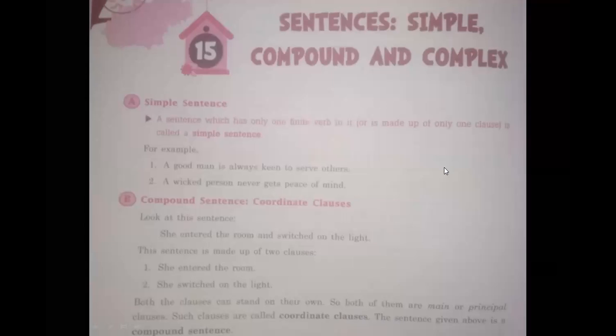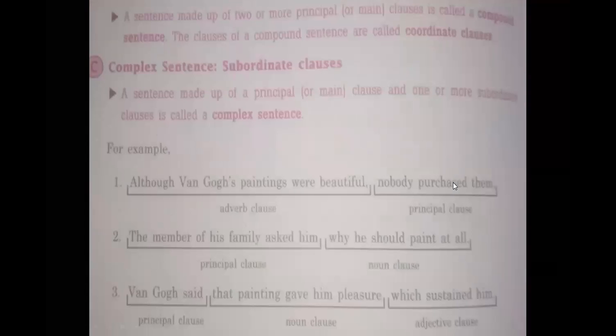The sentence given above is a compound sentence. Now, a sentence made up of two or more principal clauses is called a compound sentence. Now you see, students, the clauses of a compound sentence are called coordinate clauses.